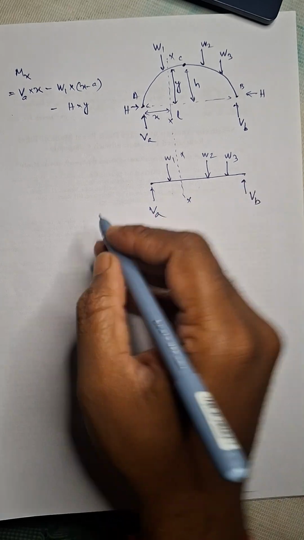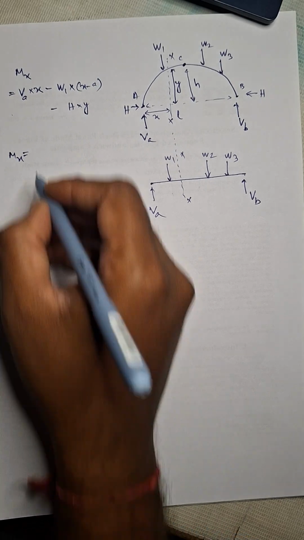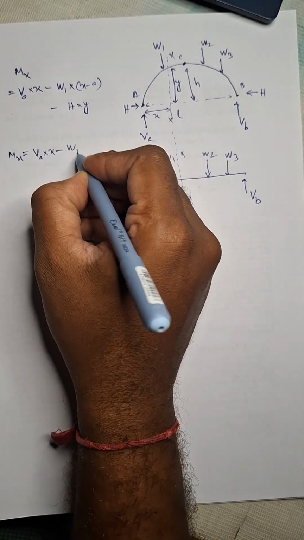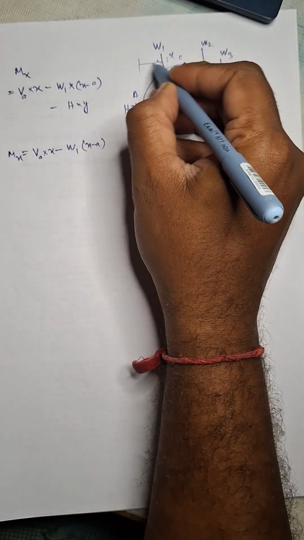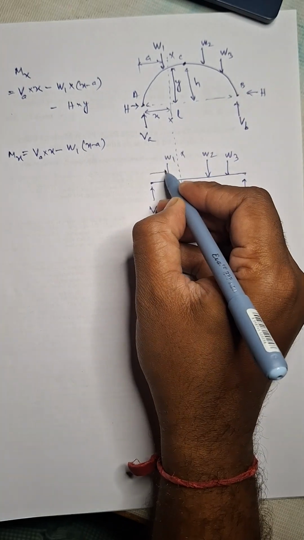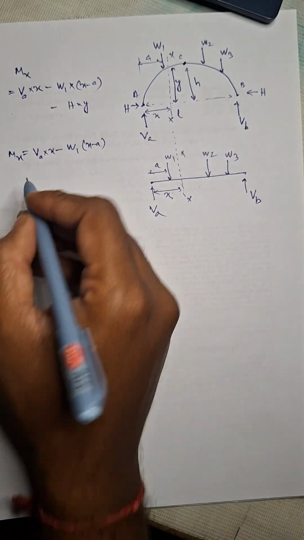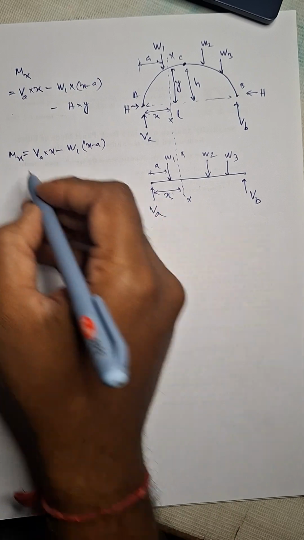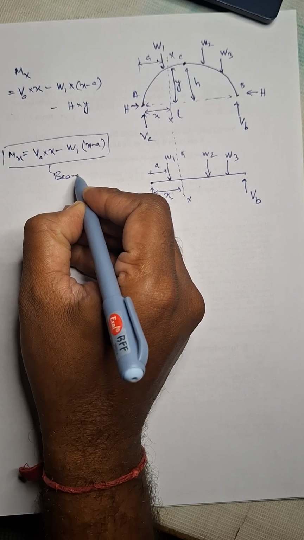So if I find the moment at x, this will be VA into x minus W1 into x minus a, because this distance is a. So this distance is also a and this distance is x. This moment in the simply supported beam is called the beam moment.